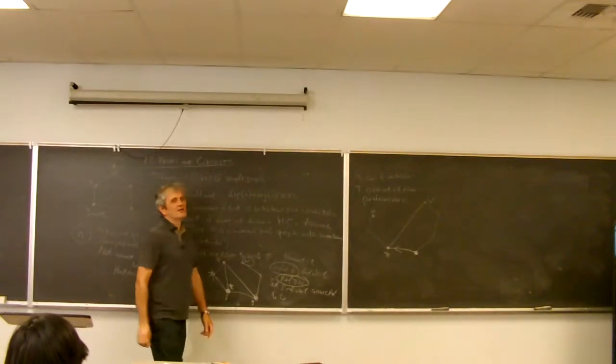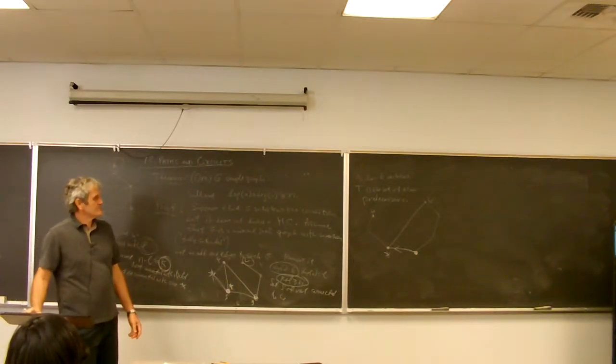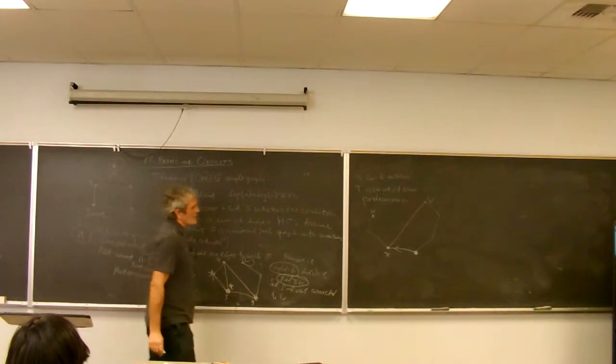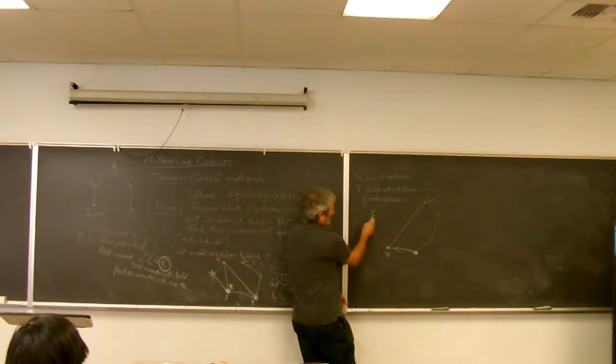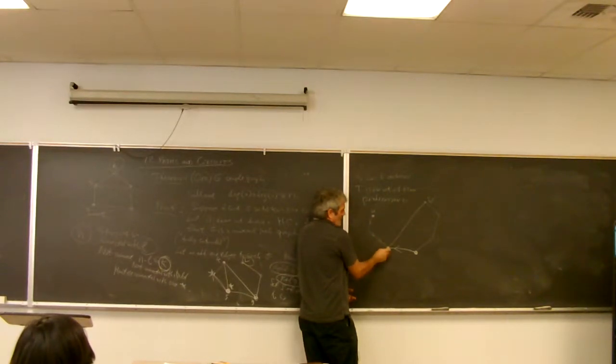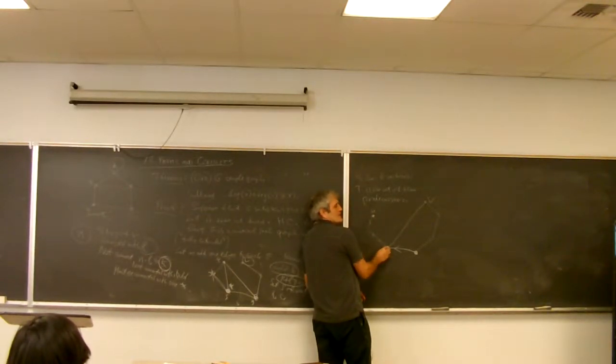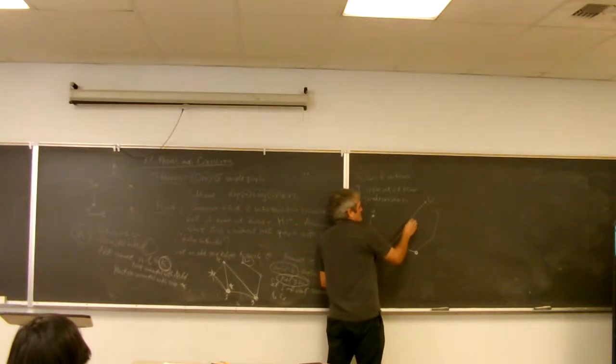Can we make a circuit now from this picture? What do you do? You go from U. And then what do you do? Go along the path until you reach the star. When you reach the star, what do you do then? Cross to V.